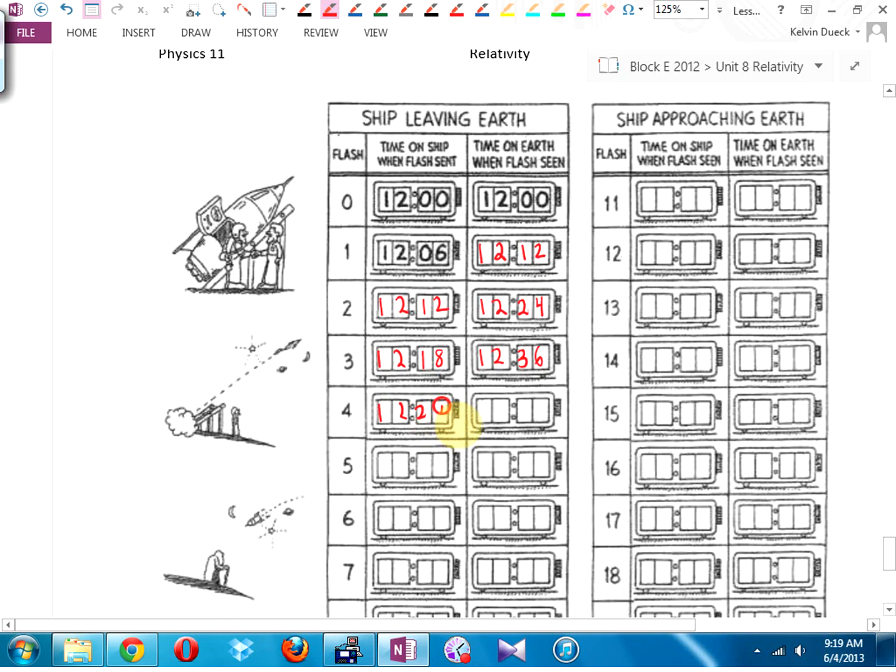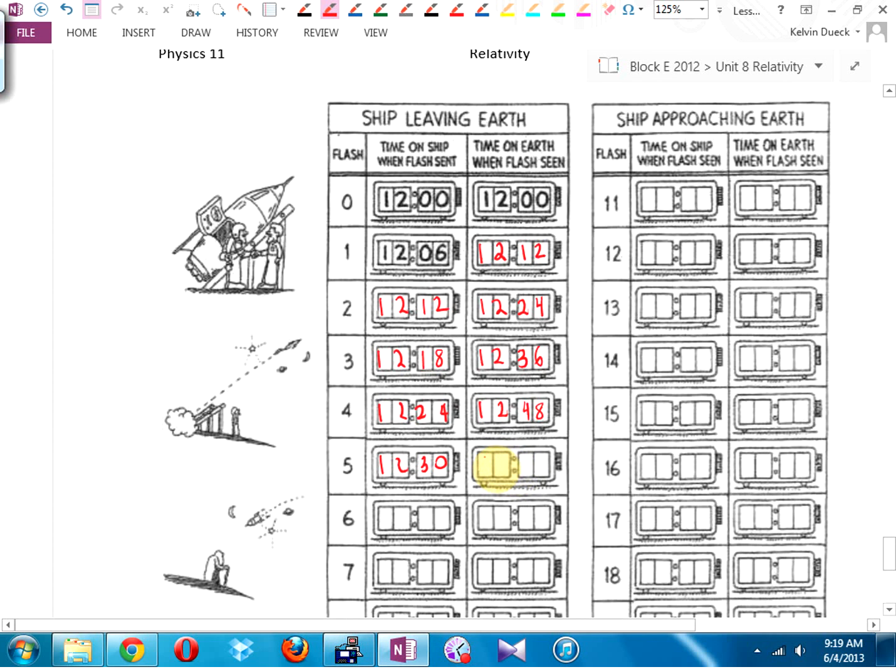But on Earth, you're not going to see that next flash until what time? 12:48. The next flash is going to be 6 minutes later, 12:30. On Earth, what time is it? You know what?